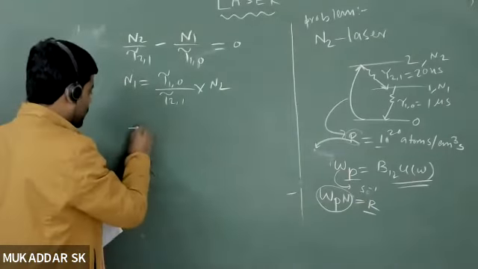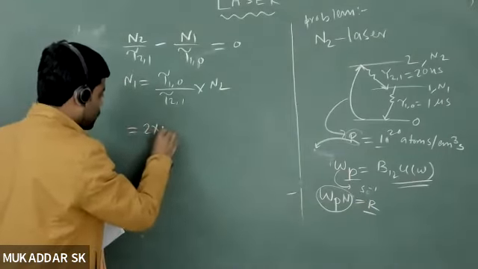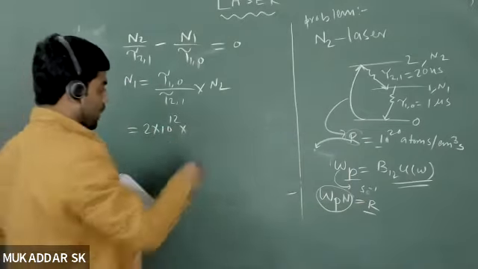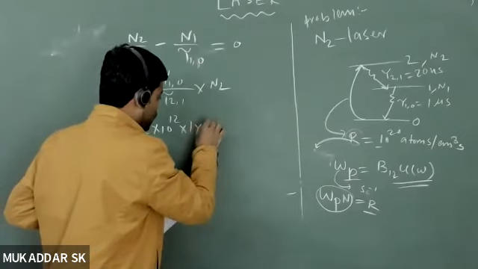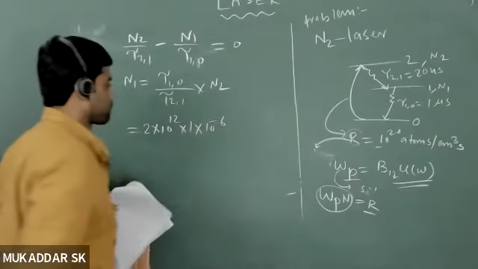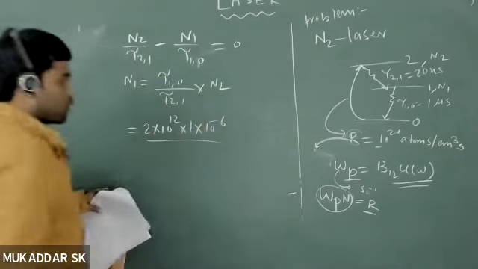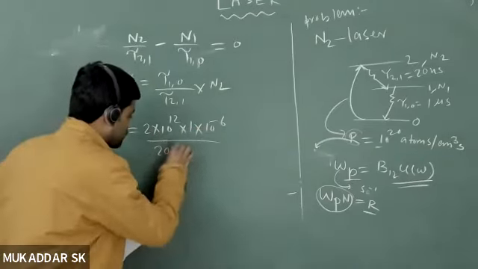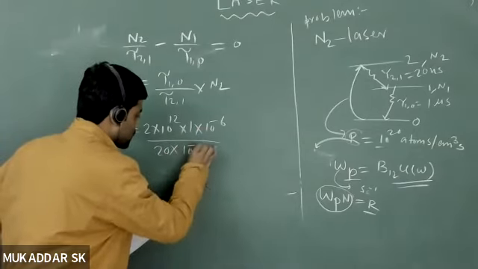N2 was how much? 2 into 10 की power 12. tau 1-0 कितना है? One microsecond. So I'll write 1 into 10 की power minus 6 second. Then tau 2-1 है, that is how much? 20 nanoseconds. So I'll use 20 into 10 की power minus 9 second.